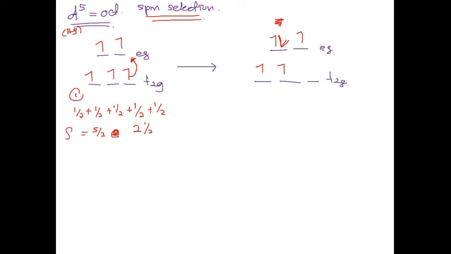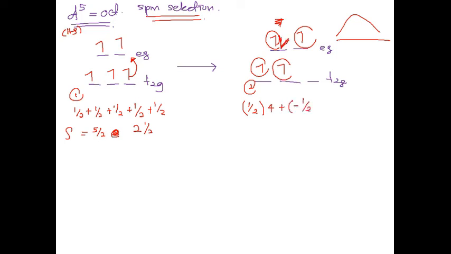While for the second compound, after absorption has occurred, meaning there is a peak in the UV-Vis, for example, what about the S value here? Half plus half plus half plus half, so half times 4 plus 1 spin down, negative half.